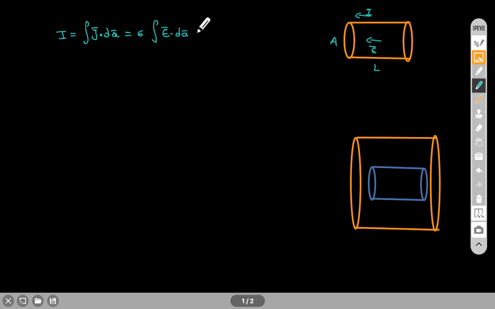And of course, if the electric field is uniform, this will be just times the area.